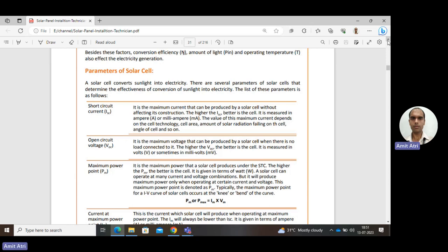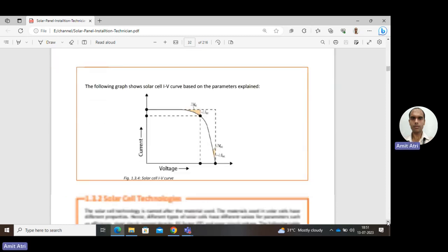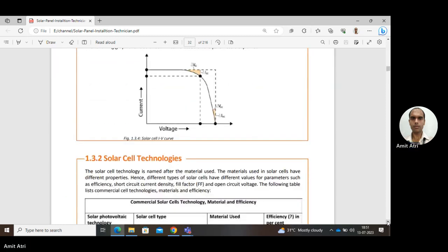There is a curve, the current and voltage curve of a solar cell, with voltage on the x-axis and current on the y-axis. This is the solar IV curve.